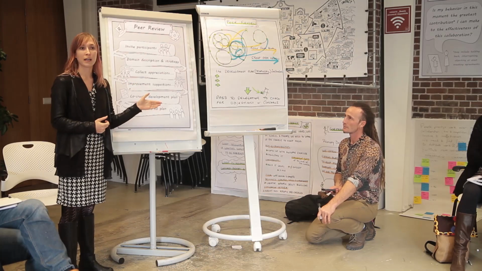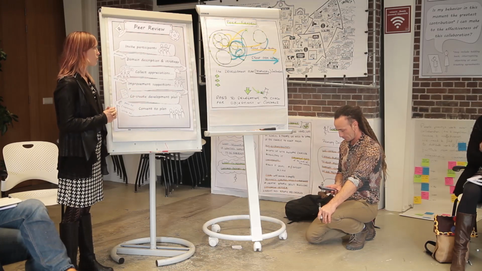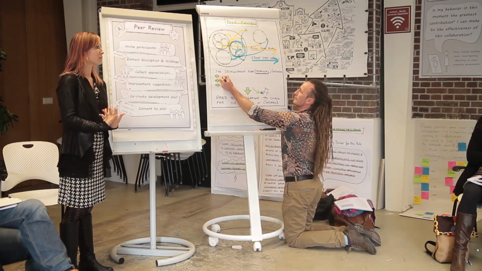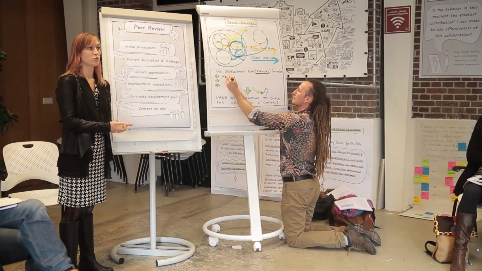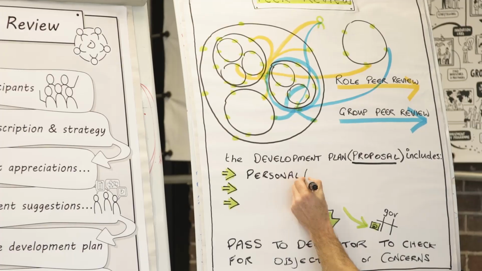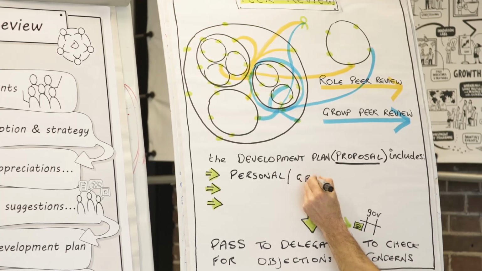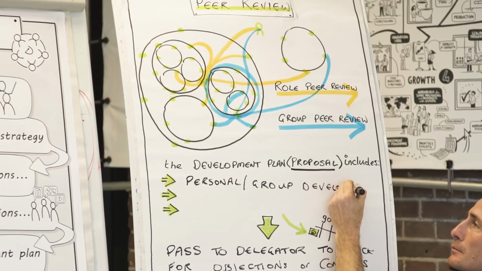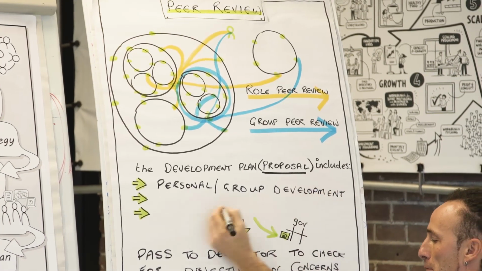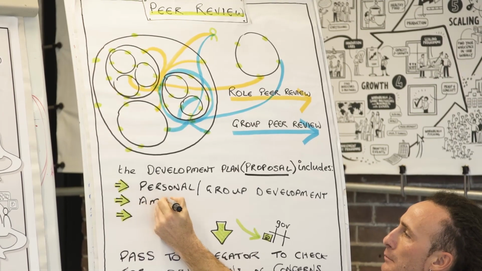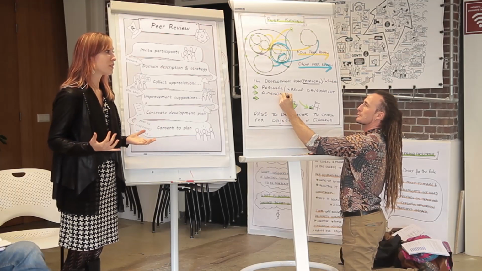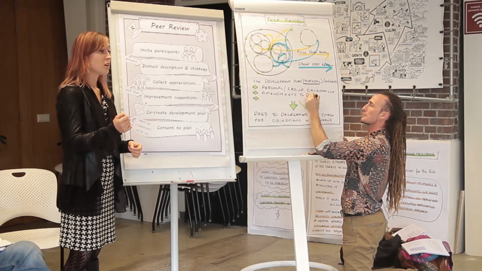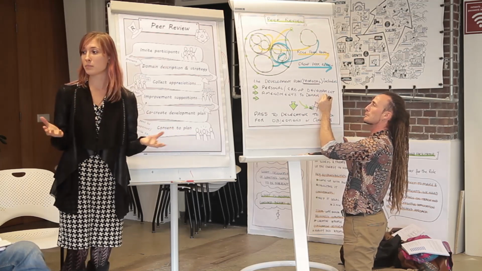And the development plan proposal includes, as you experienced in your exercise, things related to personal development. In the case of a group, it would be something about the group development, how we are as a team. And it can also include changes to the domain description. This is why we send it ahead, because I might have done a really awesome job, but the domain description is poor, because it's missing a key responsibility, or there are too many, or I don't know, there are many possibilities.